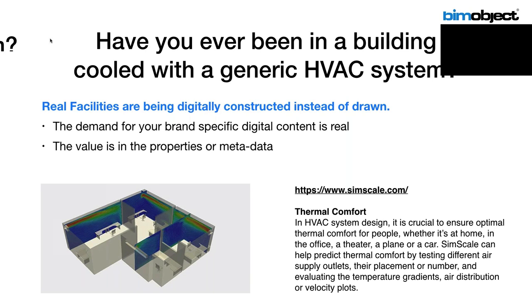And I can cite 100 examples, if you want to, offline, of places where it shows the decision points for all of these decisions is happening much earlier in the process. So yes, getting specified initially is part of it, but the real decision points are coming much, much more quickly, in the procurement phase, which is happening even much sooner than it used to, because we have real facilities that are being fully digitally constructed instead of drawn.